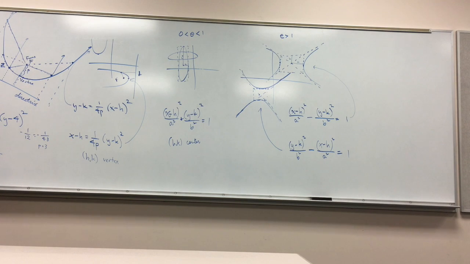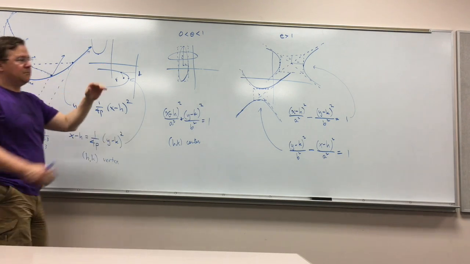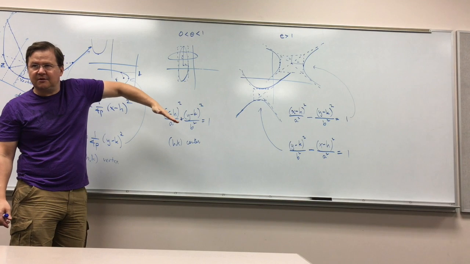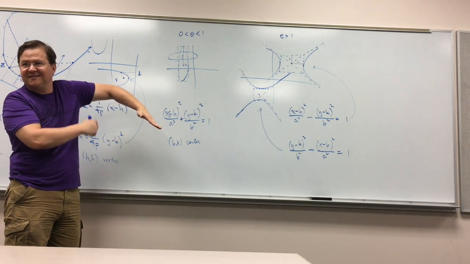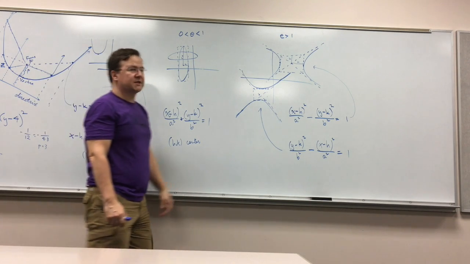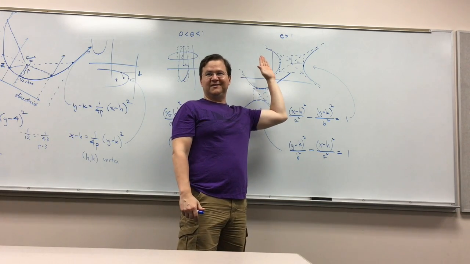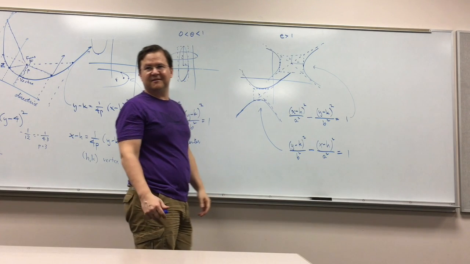Notice this is when the plane was parallel to the edge of that cone, which had a slope of 1. When the plane was tilted, but not a whole lot, that's when it was an ellipse. And when the slope was really steep, bigger than 1, that's when we got the hyperbola.